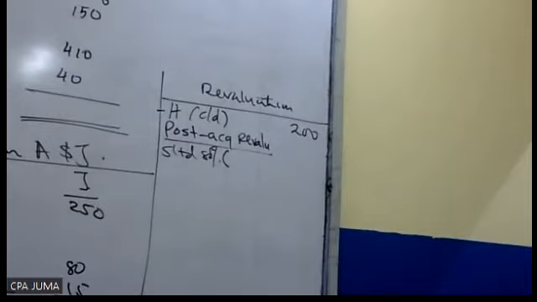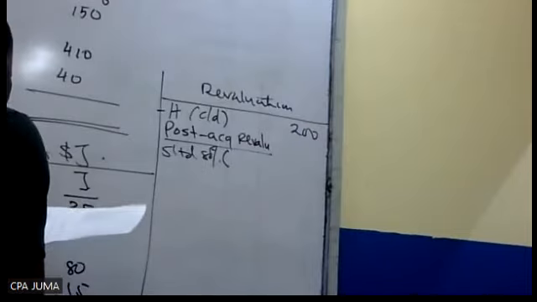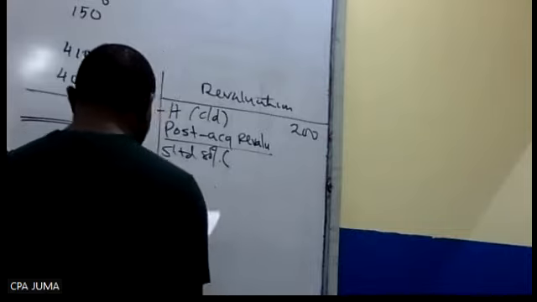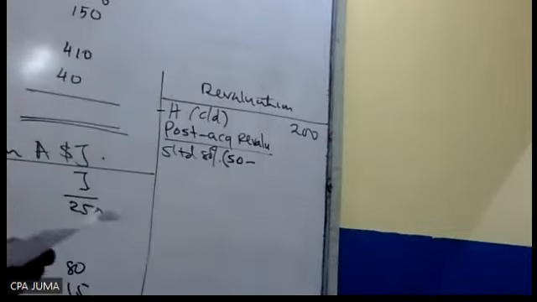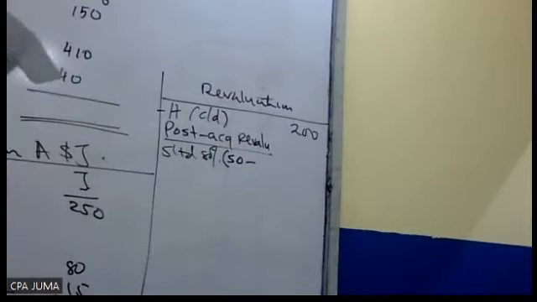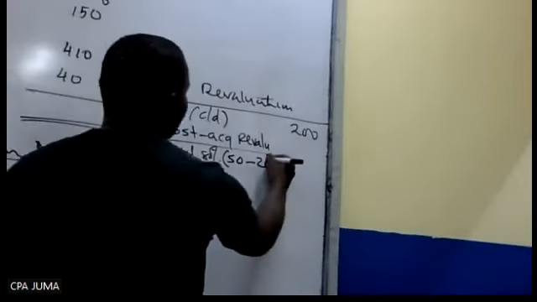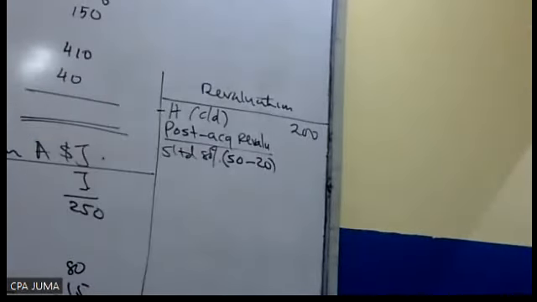So S, take the closing minus pre-acquisition. How much is the closing for S? 50. On acquisition? 20. 50 minus 20, 30. 80% of 30, 24.